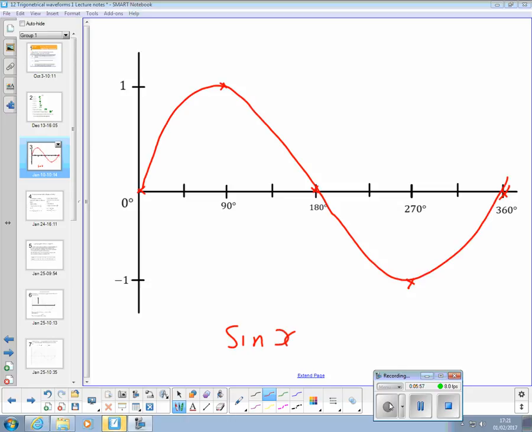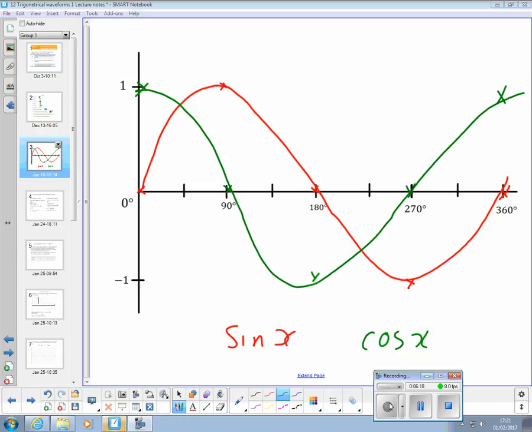Yeah, I've drawn several hundred of them. Okay, and then cosine of x is equal to 1 there, 0 there, minus 1 there, 0 there, and 1 there. So something like that. Okay, not quite so good.